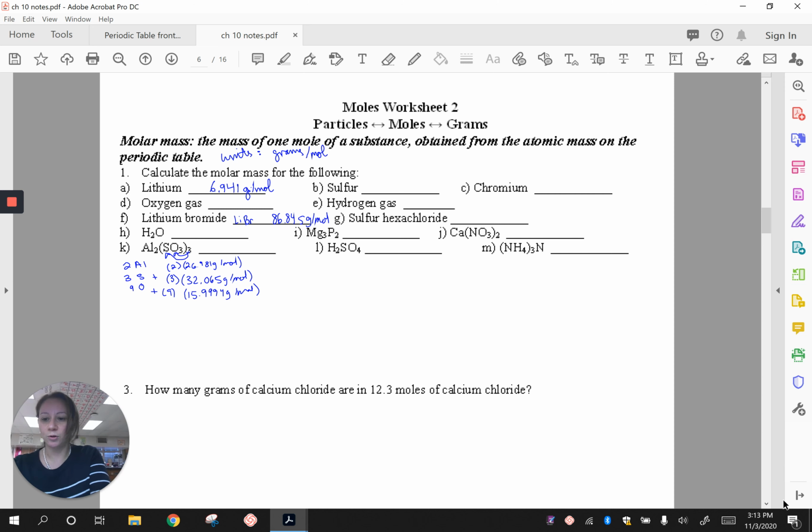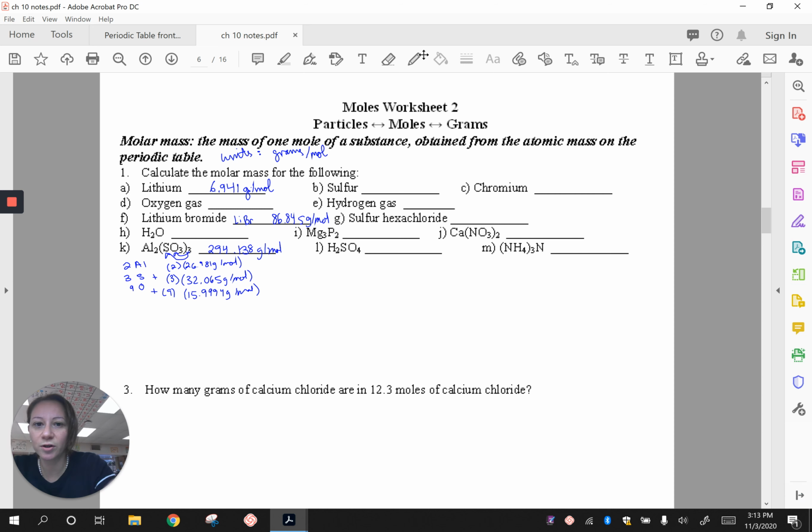Just don't let your molar mass limit your significant figures. But I'd say for something like that, 10th place, 100th place, is probably okay. If you add all these up, you get 294.138 grams per mole.